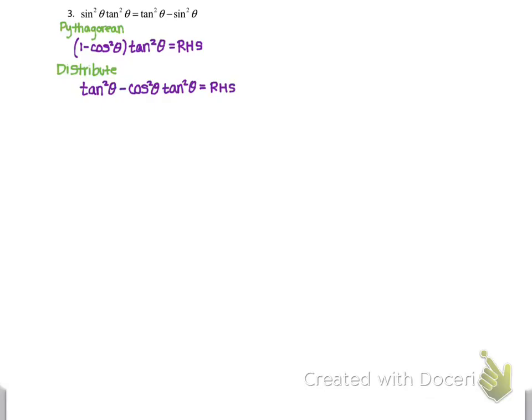So when I see cosine and tan next to each other, I think to write it in terms of sine and cosine, and then maybe we can simplify. So I'm going to have tangent squared theta minus cosine squared stays but times sine squared over cosine squared.